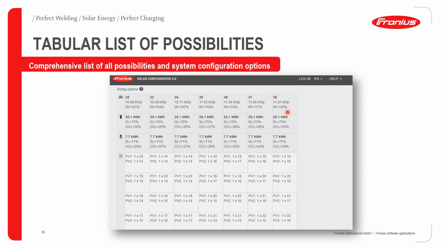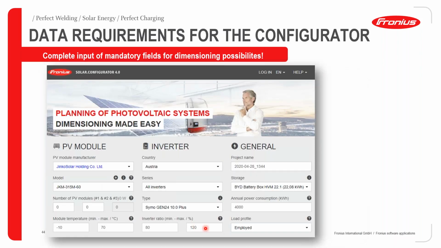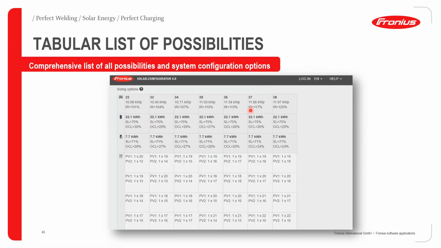That is because we have selected the inverter ratio maximum to be 120%. And just in case you don't know, our inverters can be over-dimensioned up to 150%. So you can actually do that setting on this pane.